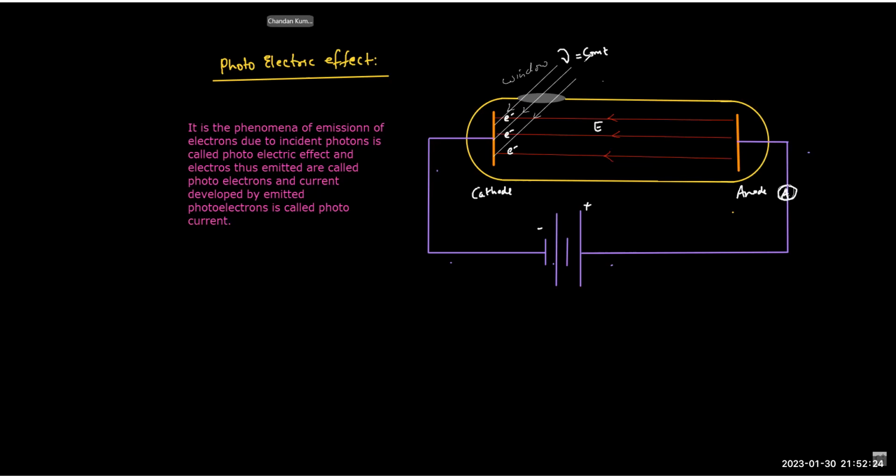So what really matters here is the frequency, not the intensity. Here the word intensity is used in the context of the amount of photons received by the plate per unit area and per unit time.